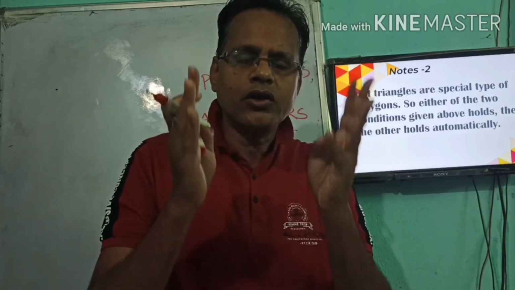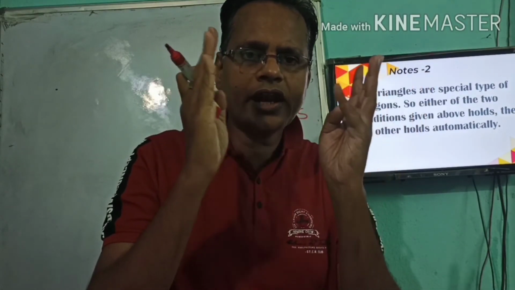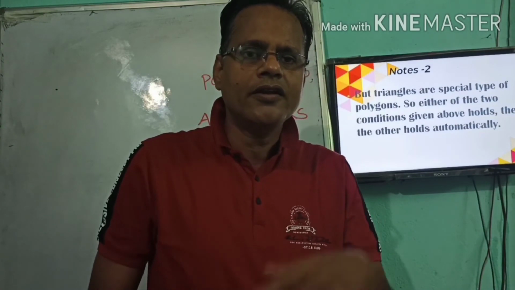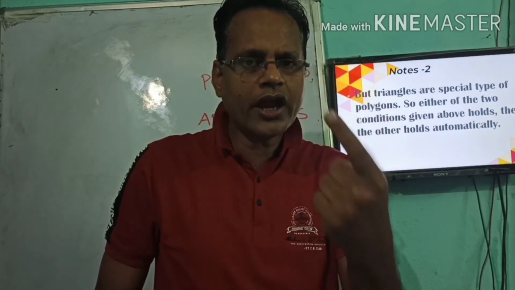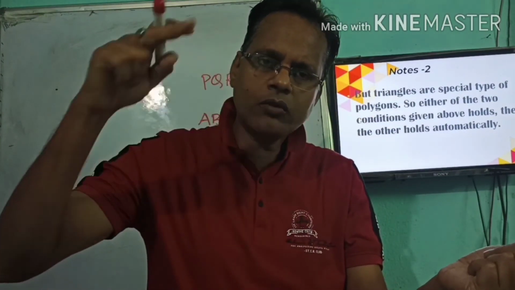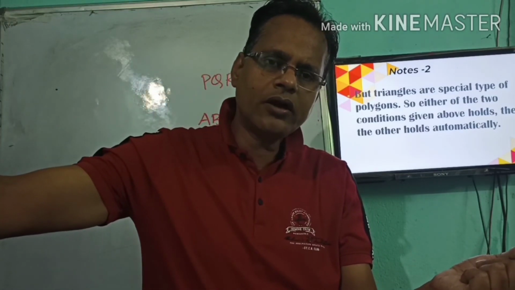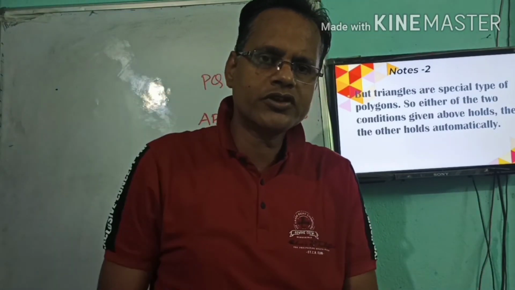So when you find the criteria for similar triangles, if two triangles are equiangular, then automatically the sides will be proportional.